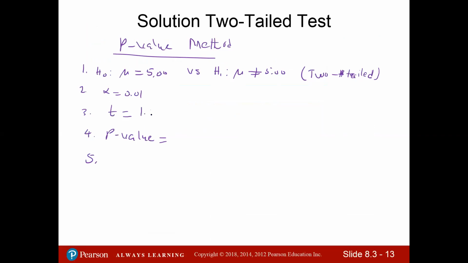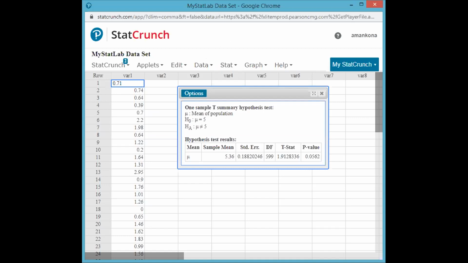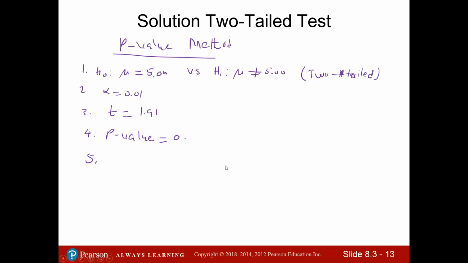This is 1.91. The p-value is 0.0562. Let me go back and check that, making sure I got that value right. Yes, 0.0562.